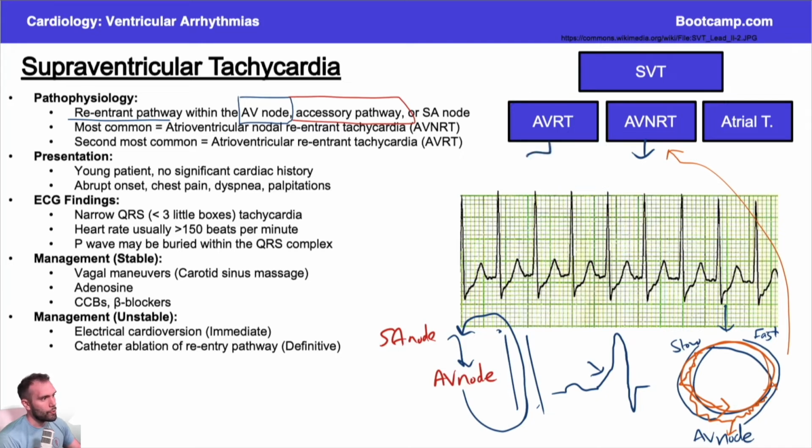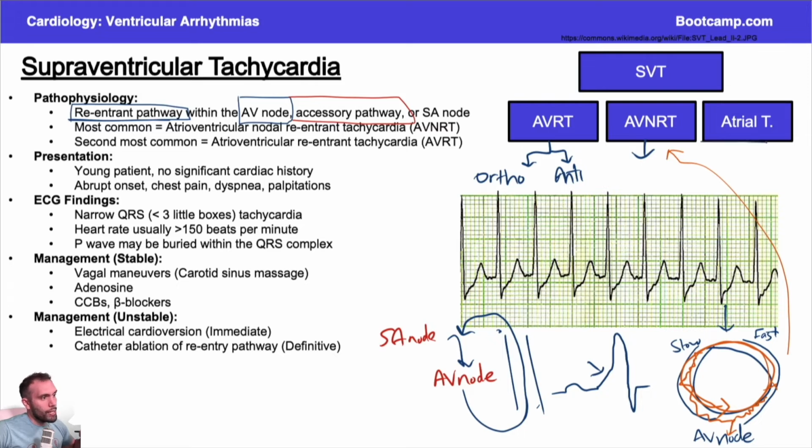Okay, and they're broken down into two categories, which basically depends on which direction these arrows are going. I'll talk about that in a minute. There's going to be an orthodromic and an antidromic. Okay, and again, you don't need to go crazy into the details here. It just helps to have an idea of what's going on. But the whole thing that you can see with all of these different supraventricular tachycardias is that they're due to reentrant pathways. That's the important thing to remember.